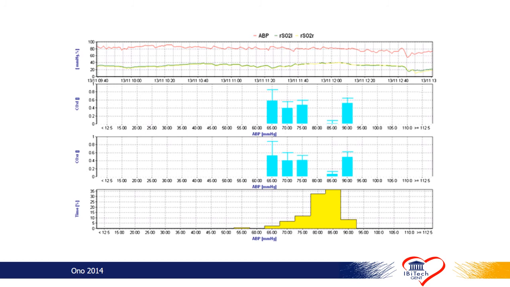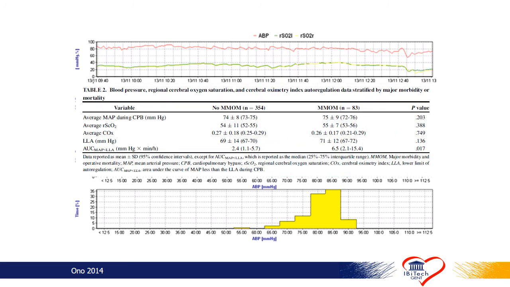And if you can do that for a very long time, remember time is a very important parameter in goal-directed perfusion, then you can maintain a very low major morbidity in those patients. If you cannot maintain it for most of the time in the autoregulation region, then you have a serious increase of major morbidity.